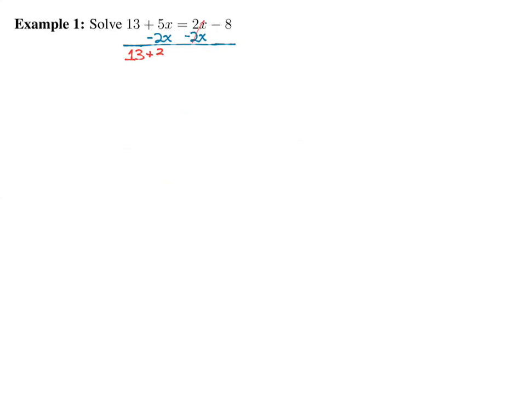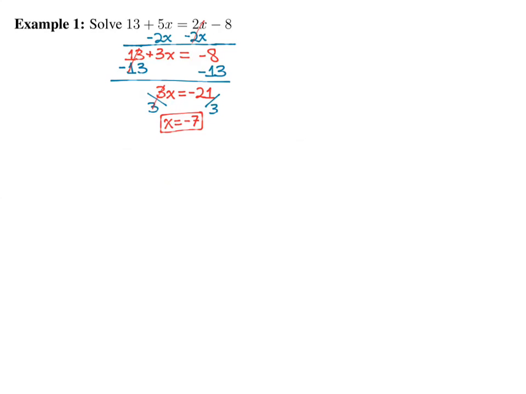So 13 plus 3x equals, pay attention here, negative 8. That's right. Next step, move that 13, the constant, off of the left side by subtracting 13 because it was a positive 13. Goodbye 13s. 3x equals negative 21. And then finally, divide by 3. So x equals negative 7.